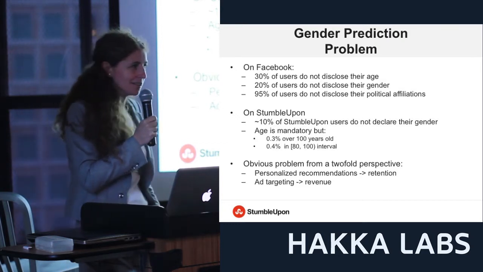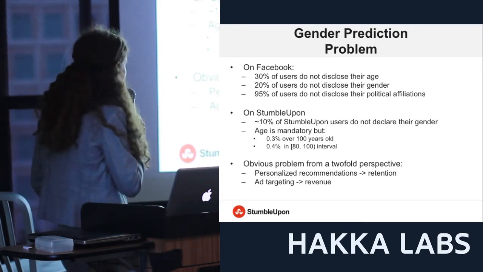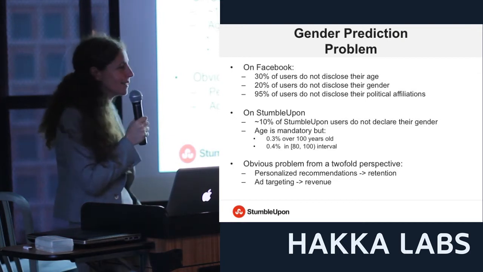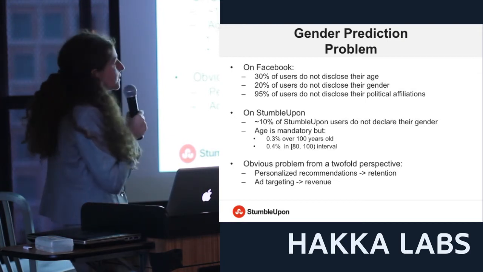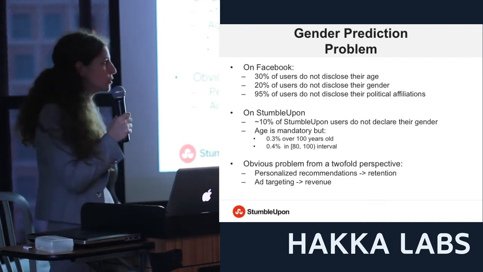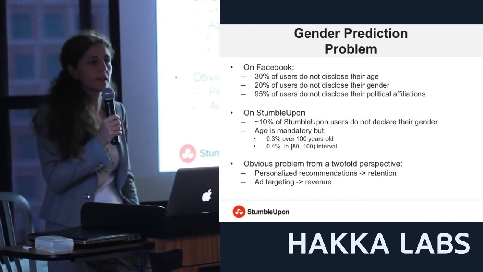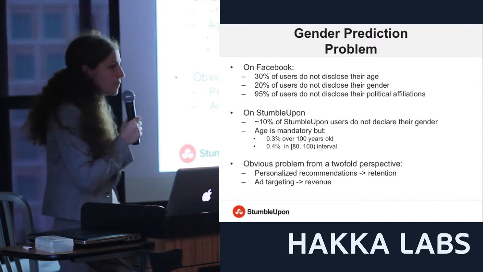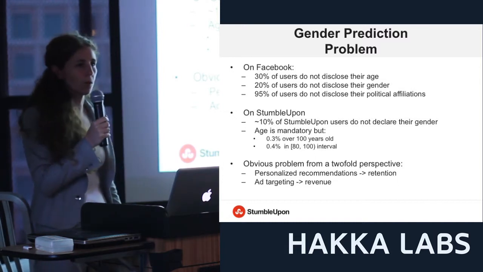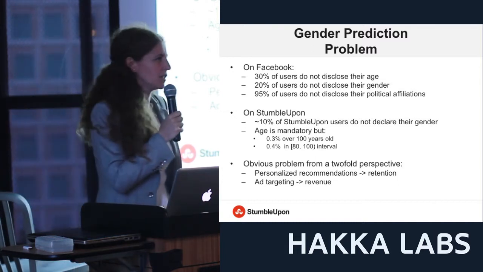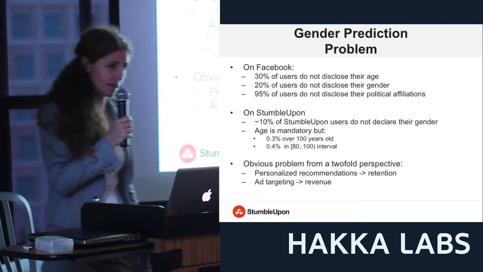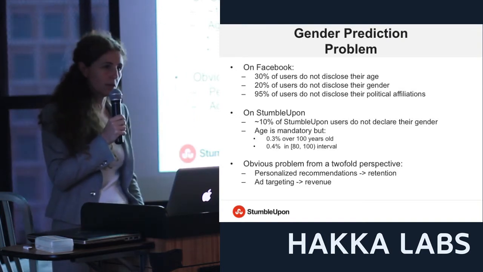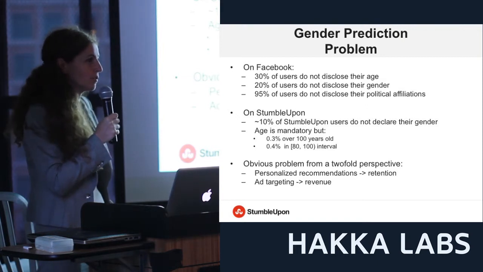StumbleUpon is not different from the rest of the world, but our numbers are a little bit lower. 10% of StumbleUpon users do not declare their gender at registration time. And age is mandatory because you need to be 13, I think, years old to create an account at StumbleUpon because there is adult content.